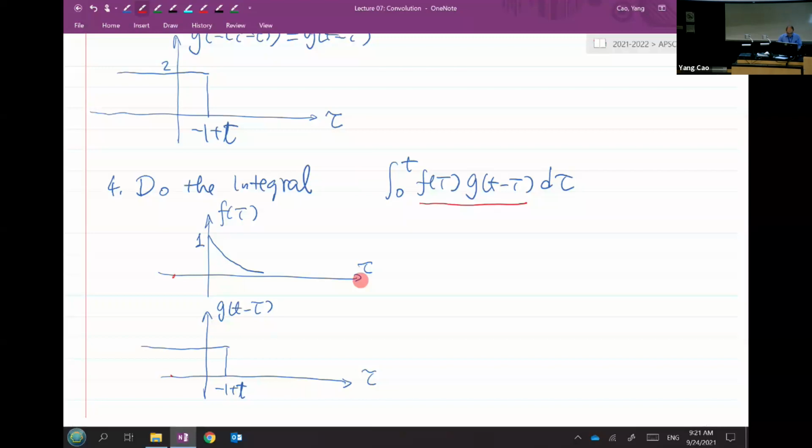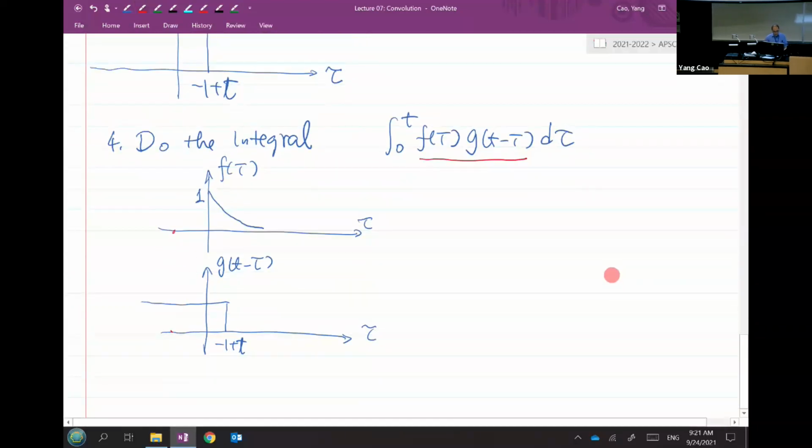So now let's think about the multiplication. For example, if I'm looking at this range here, which is tau less than 0, there's 0 multiplied by a non-zero, you get a zero value, right? So if you put a 0 value here, then that integral will be 0.